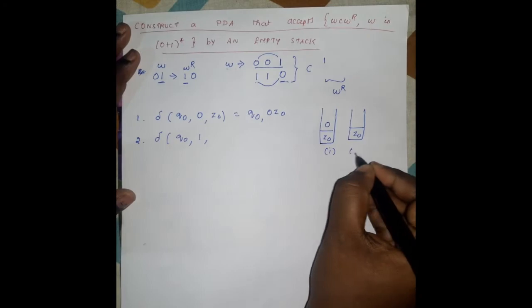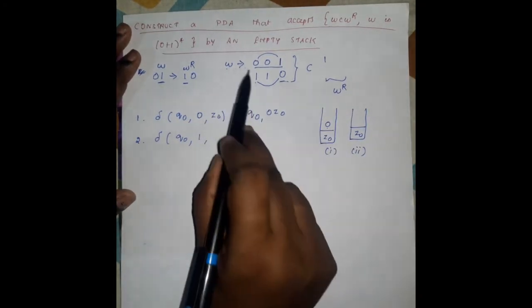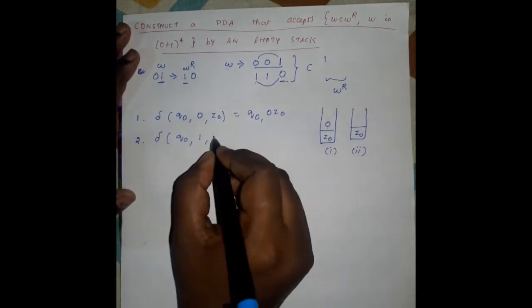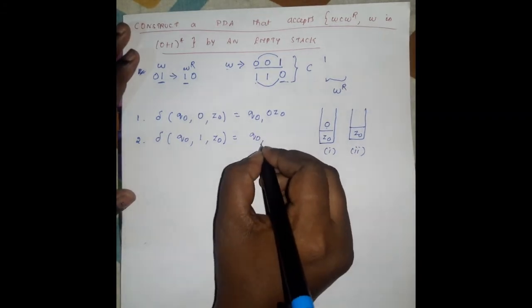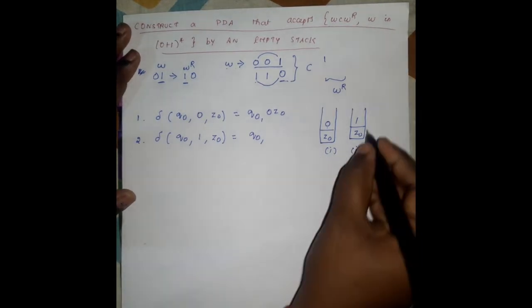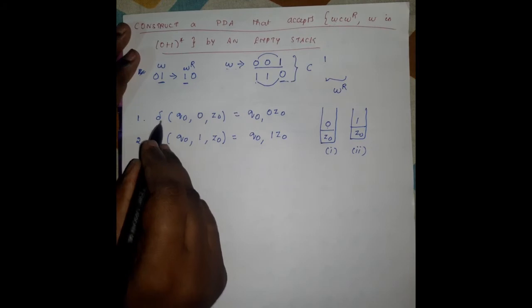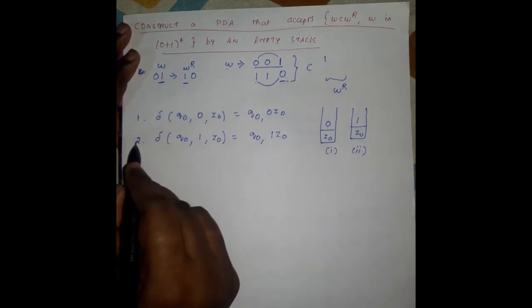This is the first case and this is the second case, because w starting with 0 means this stack, and w starting with 1 means this case. Here the top of the stack element is z naught, so the state remains itself. After reading the input symbol, 1 is pushed into the stack, so the stack elements are 1 and z naught.